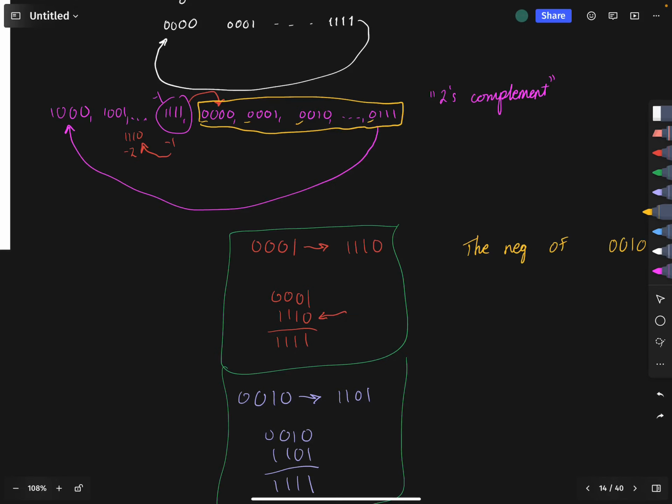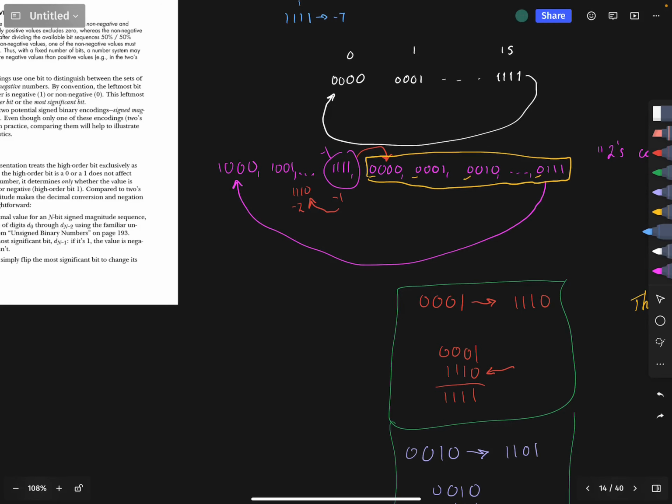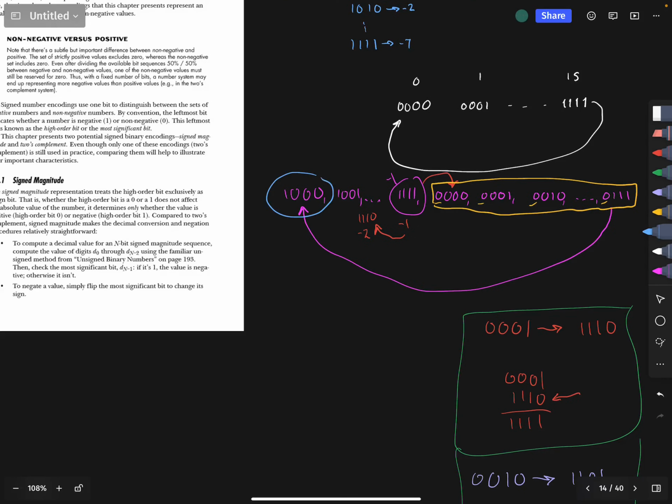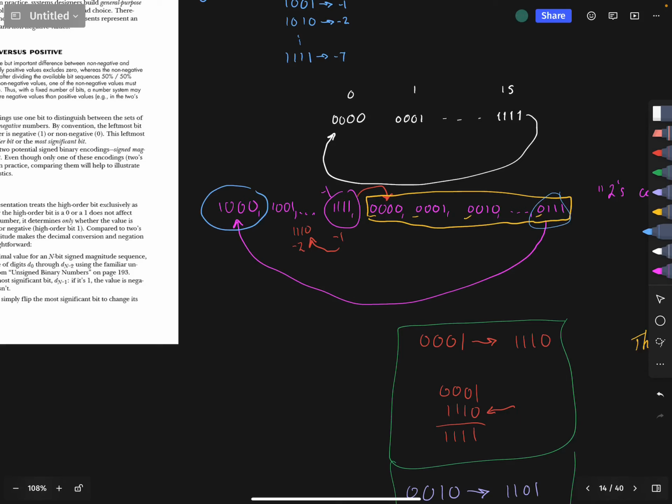Now, having discussed all of these things, one last thing we want to make sure we understand is what is the least value that can possibly be represented, and also what is the largest value on the positive end that can be represented, in this case by 4 bits using 2's complement.